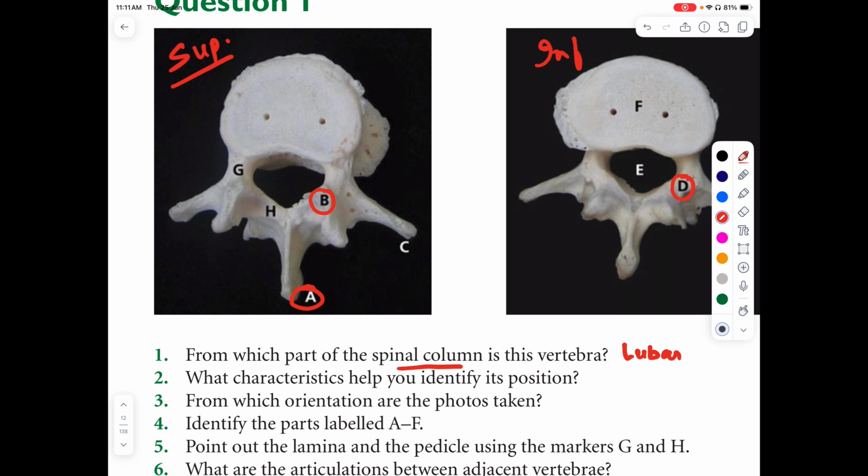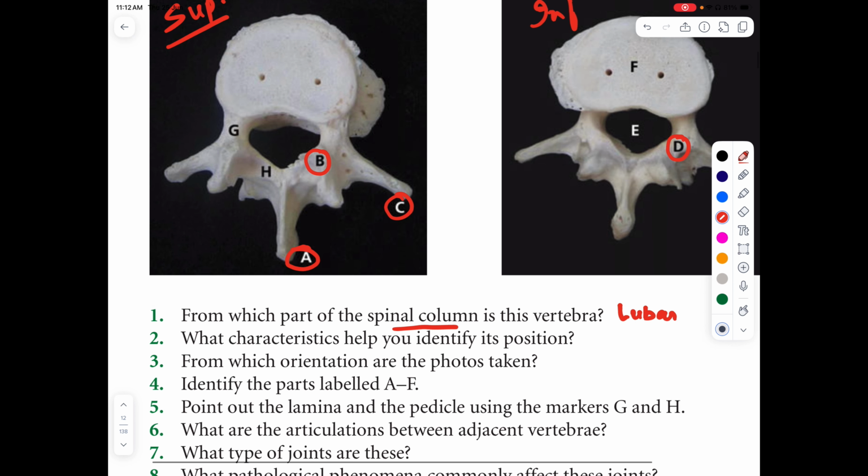So C is transverse process, E is vertebral canal, the vertebral foramen, and F is the body of the vertebrae. Then point out the lamina and pedicle using G and H. So what is this? G is the pedicle, means it is attached to the body. This is pedicle and this is lamina, and this is spinous and transverse process.